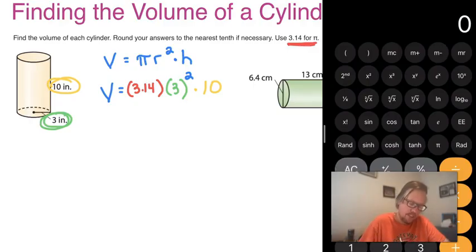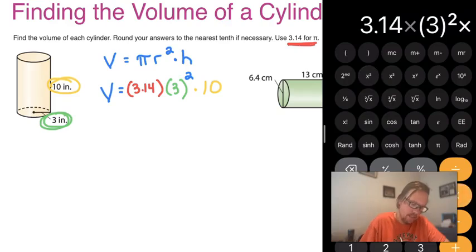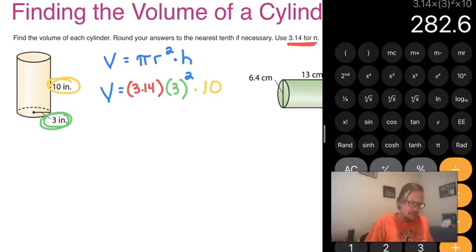I've never actually tried to do all of this at once. Let's try it. 3.14, and then in parentheses, 3 squared times 10. Hey, look at that, it will. So we're going to type it in exactly like it's written here, and it equals 282.6. So my answer is 282.6.